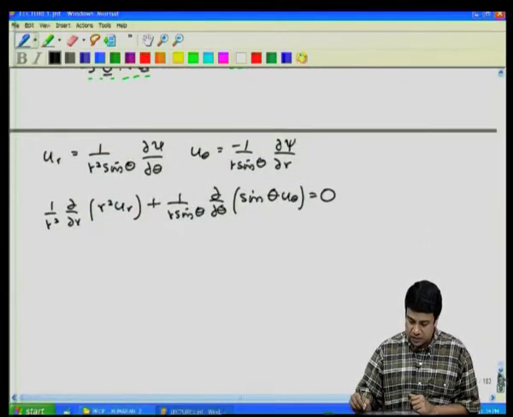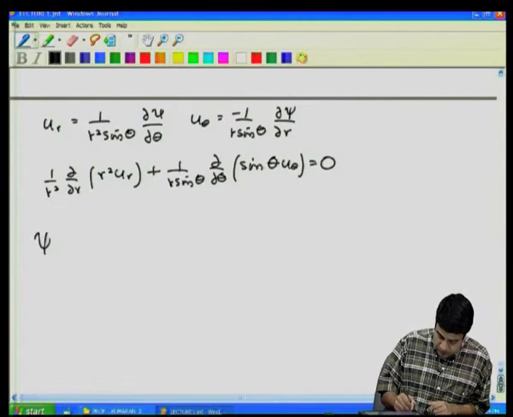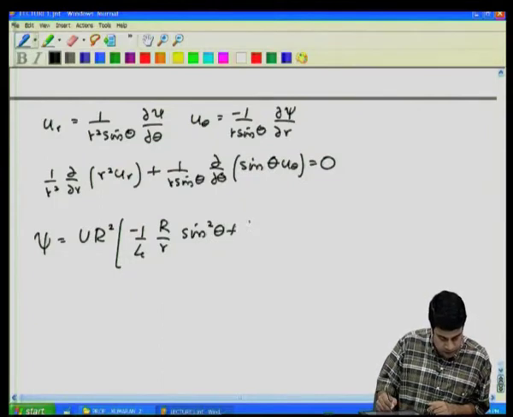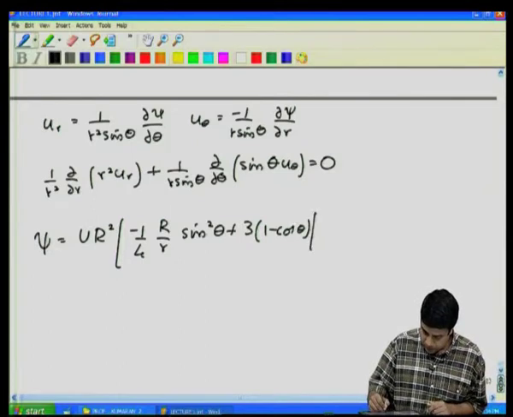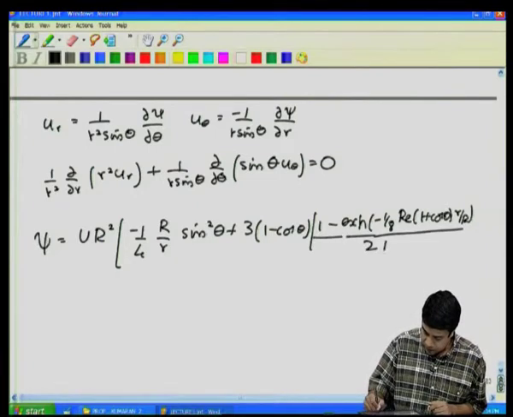The solution is not easy to derive, but it is quite easy to verify. It turns out the solution is of the form psi is equal to U R square into minus 1 by 4 r by R sin square theta plus 3 by 2 times 1 minus cos theta minus 1 minus e power minus 1 by 8 Re r by R into 1 plus cos theta, divided by 2 Re.